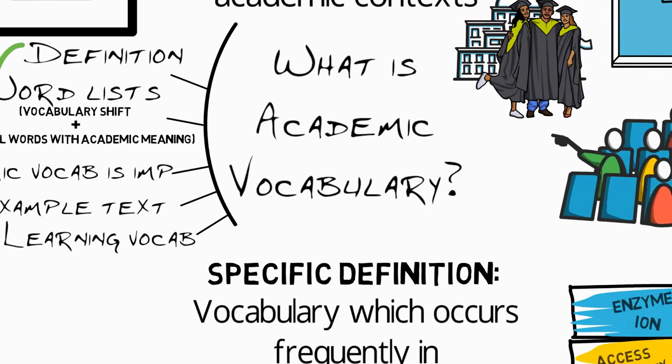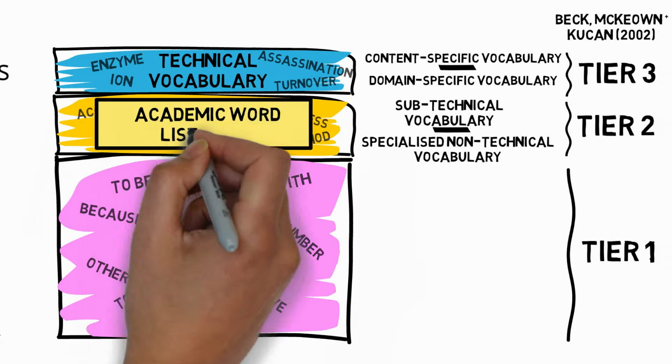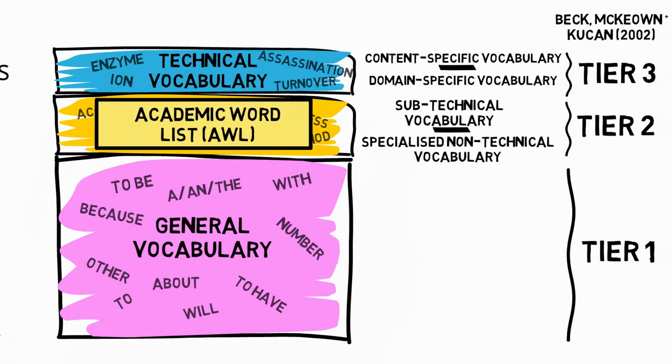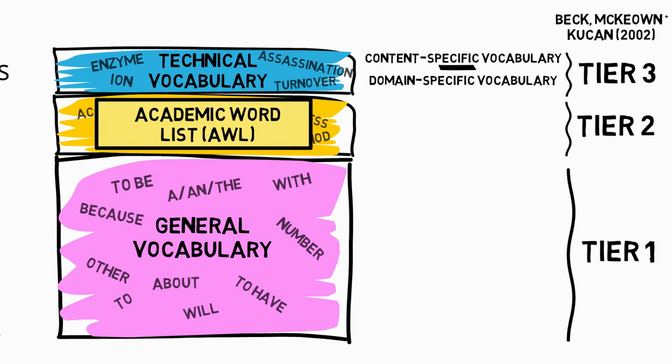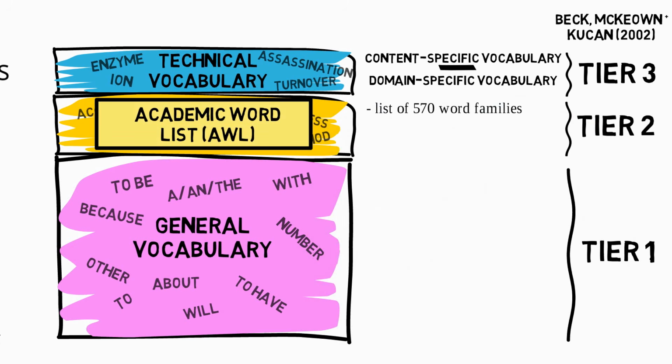So perhaps the most well-known academic word list is the Academic Word List, the AWL, which very much follows this categorization of vocabulary. So just some brief details here. The AWL is a list of 570 word families. For example, for the adjective similar, the family consists of the noun, similarity, the adverb, similarly, and the opposite adjective, dissimilar.